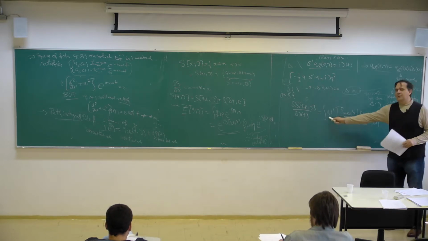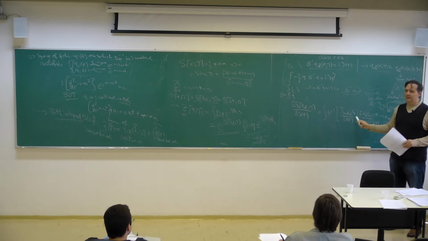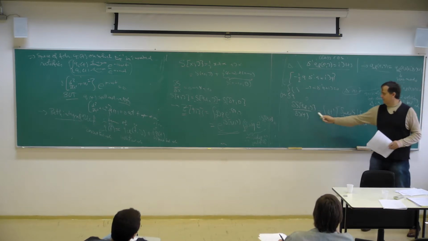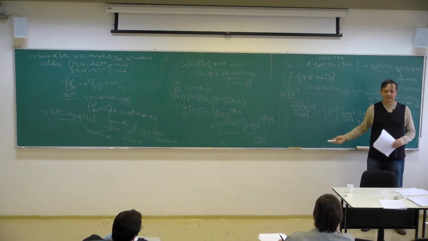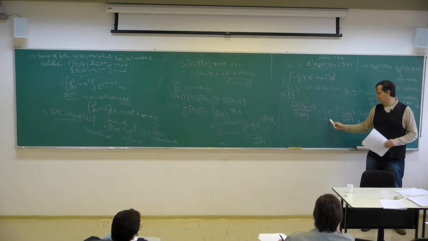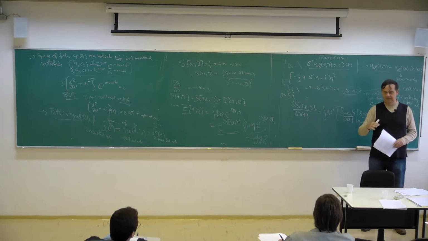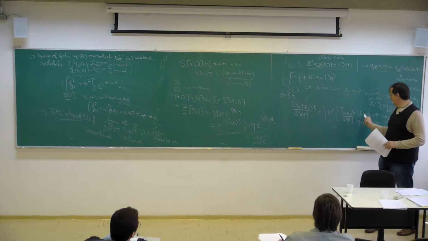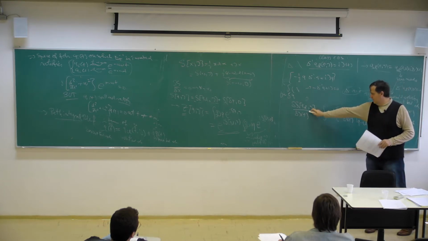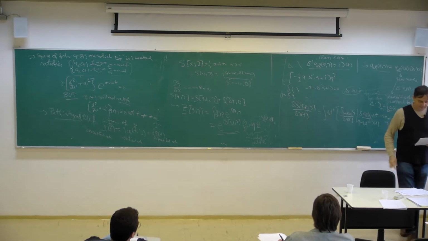And I have to integrate over t prime because I have two functional differentiations on the right and one on the left. So the chain rule for functional differentiations must necessarily involve an integral, because the functional differentiation removes an integral. Here I remove two integrals and here I remove only one, so I have to add one more.